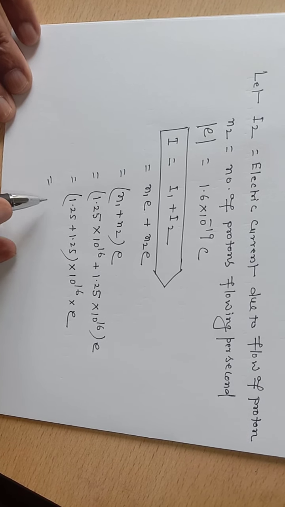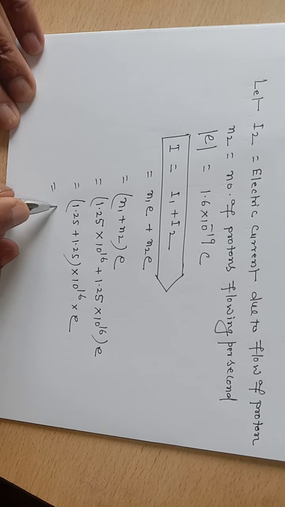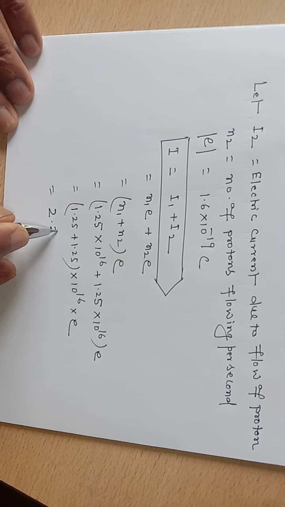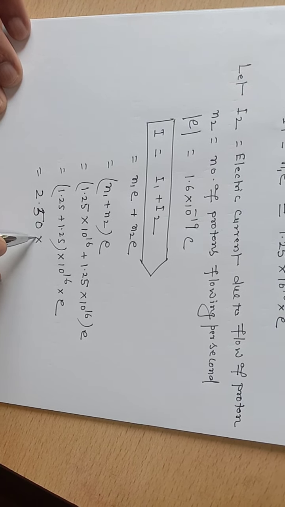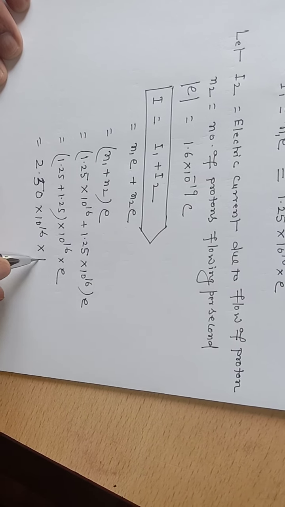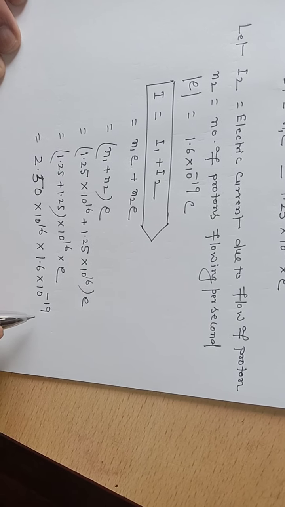Sum up the 1.25 and 1.25. This will be equal to 2.50. 2.50 into 10 to the power 16, and put the value of E, 1.6 into 10 to the power minus 19.